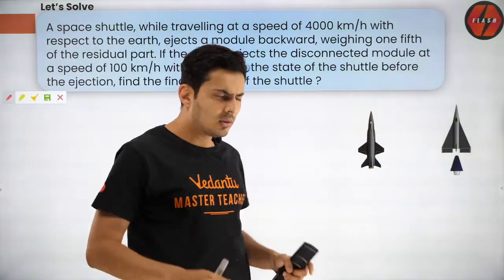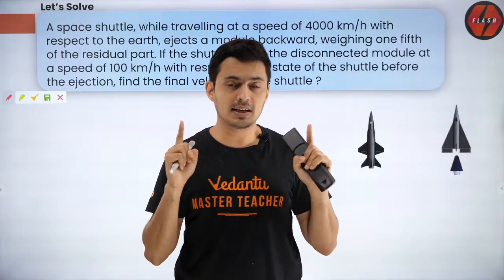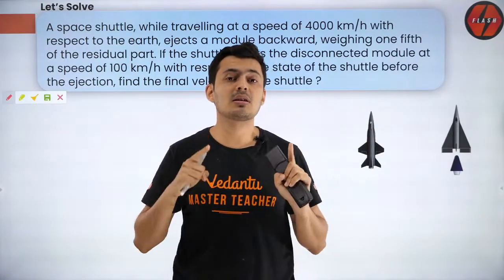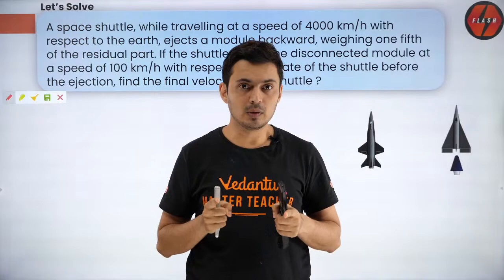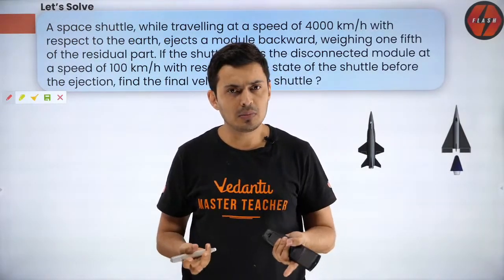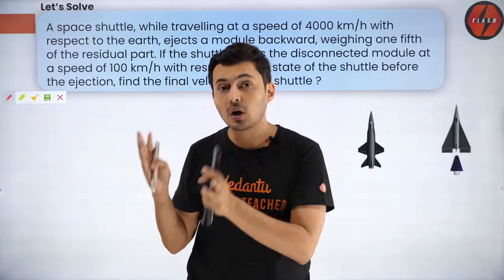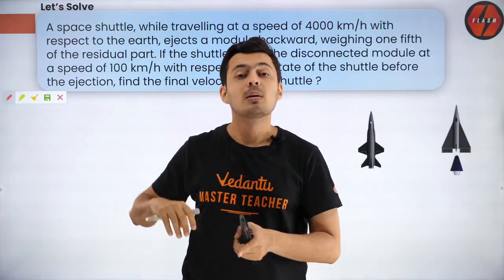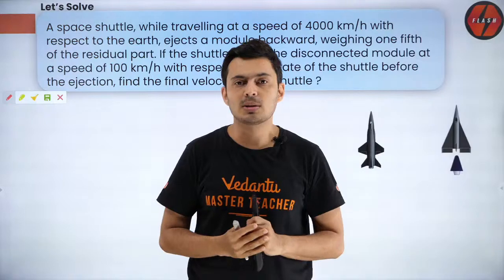So initial. Now this is the trick. Guys, remember, this is the trick for the chapter. Whenever you want to solve energy problems or momentum problems, always draw in your rough work the before and after situation.